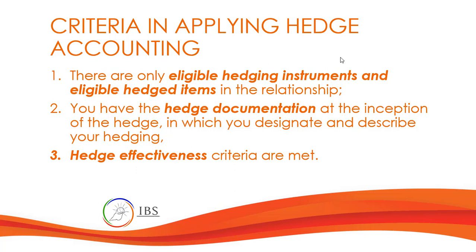And number three, hedge effectiveness criteria are met. Of course, you want to ensure that you will be reducing the possibility of risk. And you have to know whether the hedge transaction that you entered into will be effective before you apply the hedge accounting.